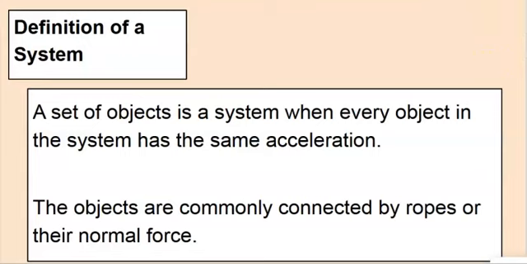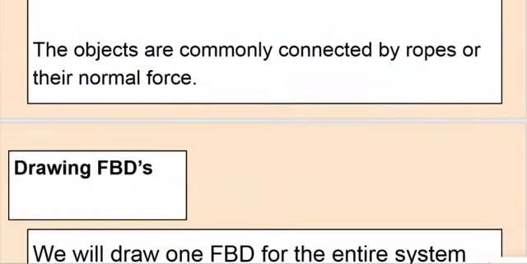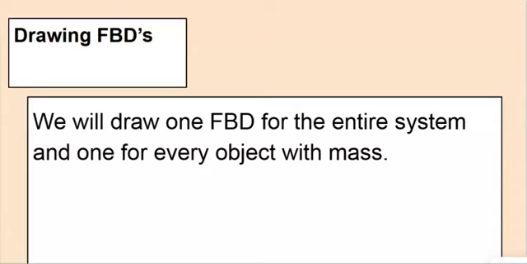Again, you don't need to write this statement down. I just want you to kind of know what we're looking at. And then you will draw one force diagram for, let's say there's 3 objects like the very first slide. You'll draw one force diagram that includes all of the forces on all 3 objects. And then we will isolate individual objects to focus on them just like we did in the previous unit.